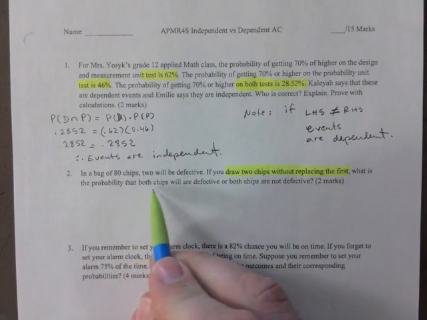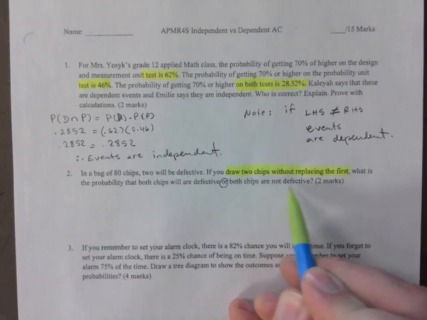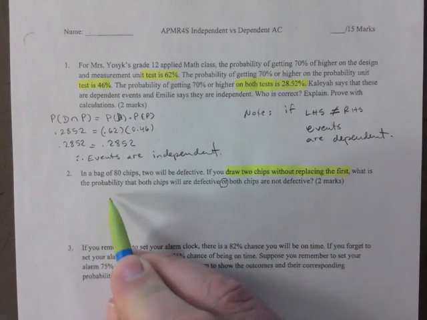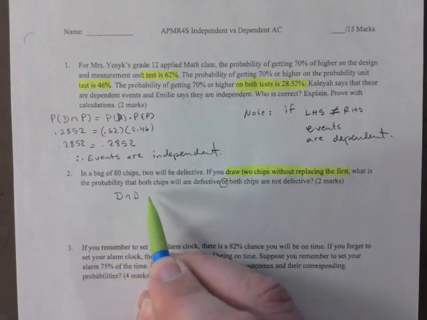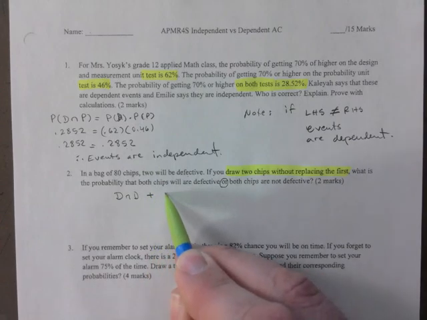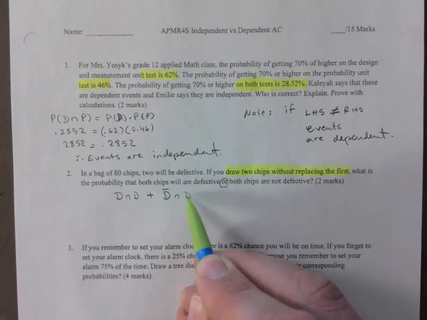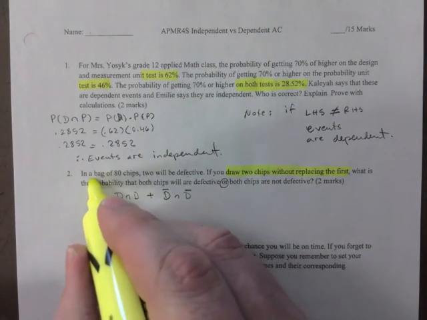What is the probability that both chips are defective or both chips are not defective? So this is basically saying defective and defective, or not defective and not defective. And again, we're talking probability. I need to stress that.